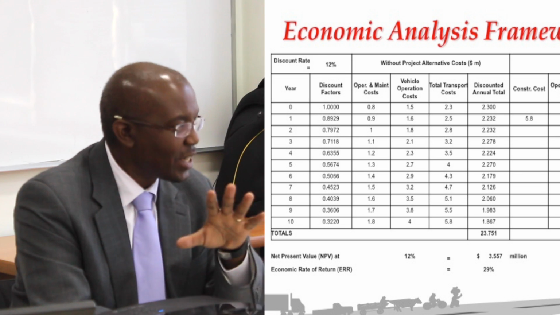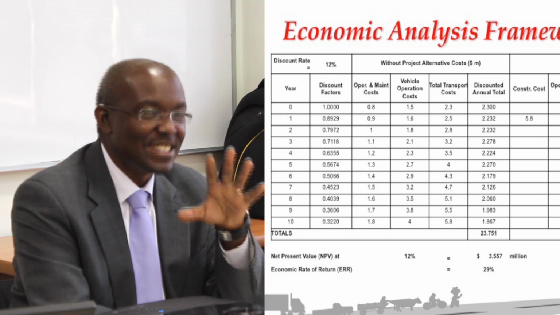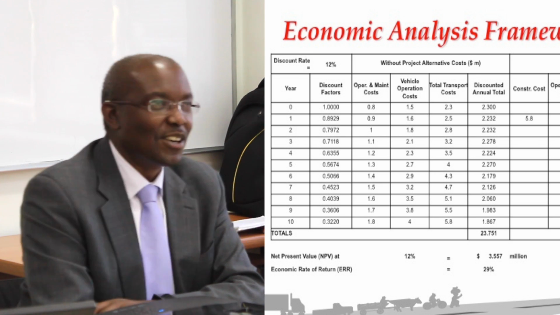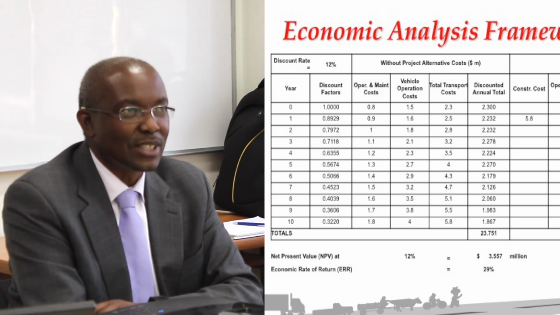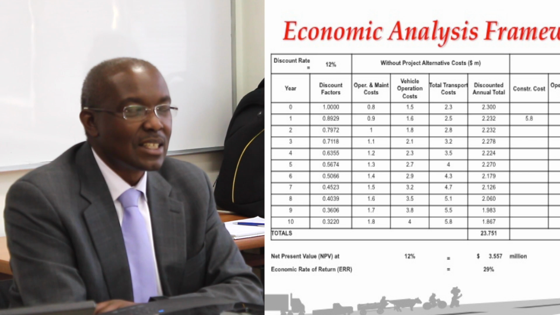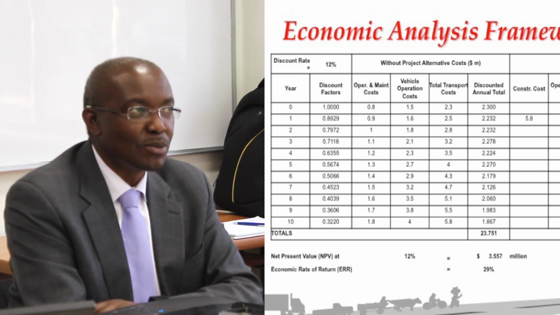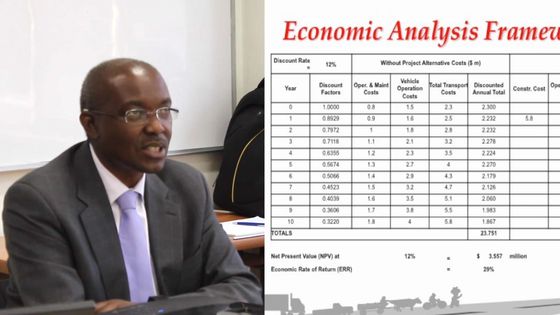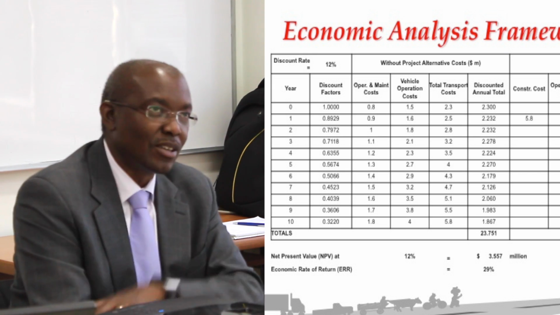Of course, this is a fake case, so don't take these as the unit costs you would get on Zestafoni to Kutaisi. Nevertheless, because you're constructing a new road, your operation and maintenance costs will be lower. So if you look across here, it will be lower, but you have a high construction cost. Initial capital expenditure, 5.8 million, let's say per kilometer.